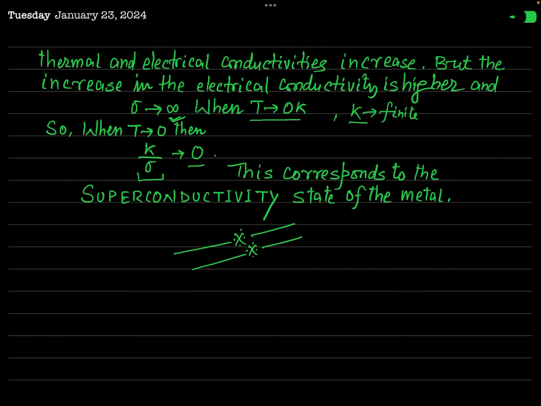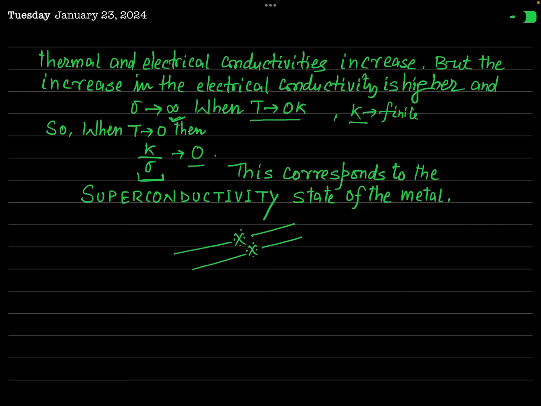So you can say that the Wiedemann-Franz law is not valid at very low temperature, but it holds good for temperatures between minus 100 degrees C and plus 100 degrees C. In the temperature region of 0 Kelvin this law fails, because K and sigma do not increase in the same ratio, but the increment in sigma is much greater than the increment in K.